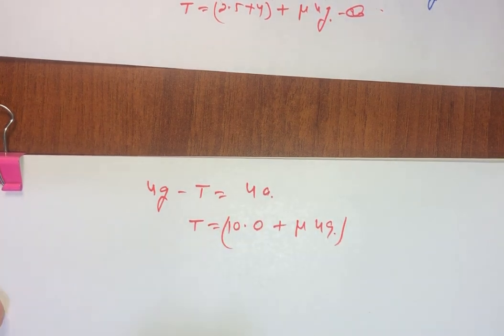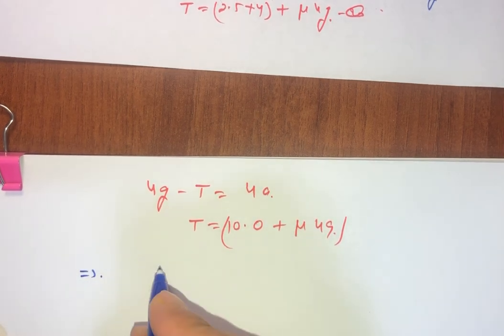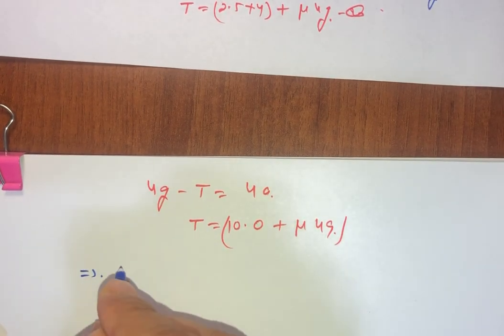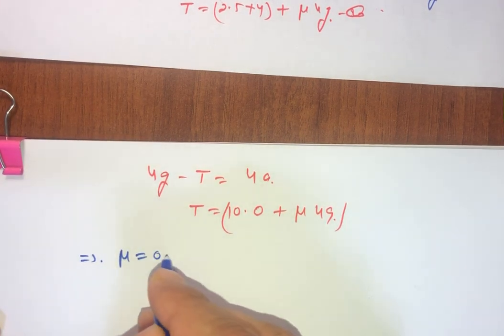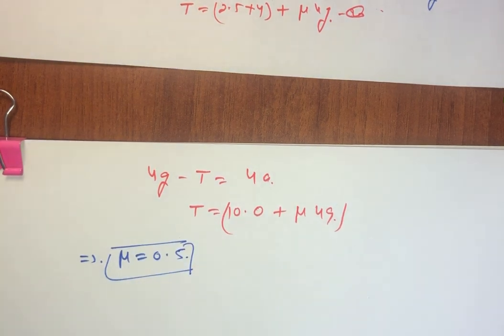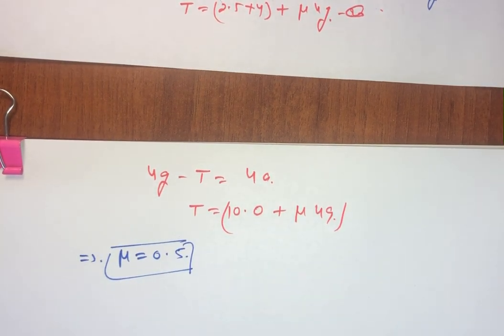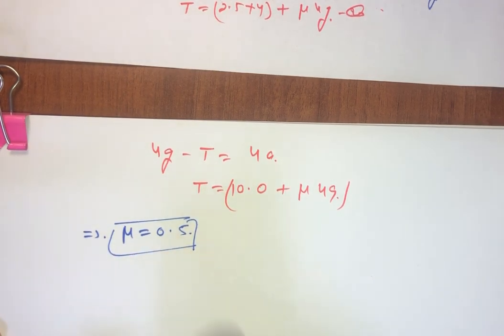Put the value of T in this equation, and we get our mu as 0.5. So we know the coefficient of friction is now 0.5.